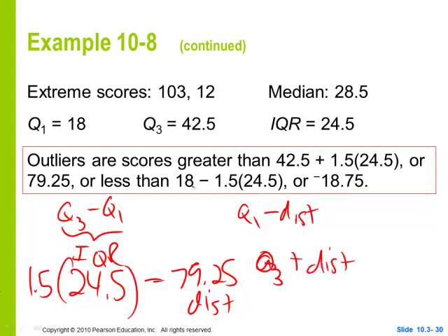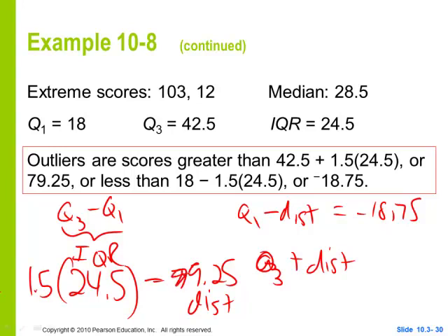So if you do Q1 and subtract that, you're in the negatives. Negative 18.75. Is that right? Oh, I'm sorry.